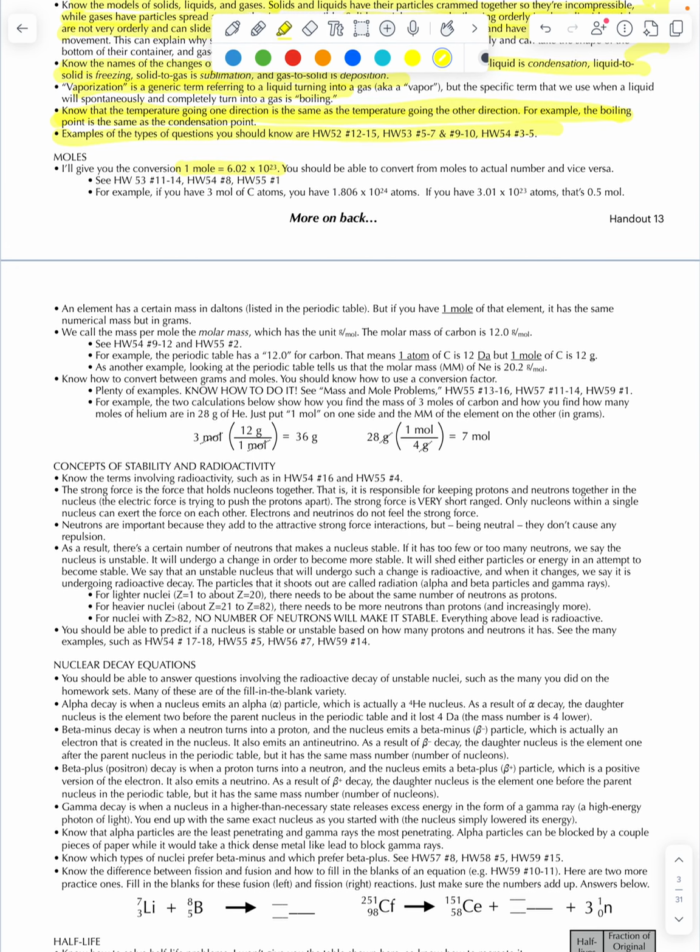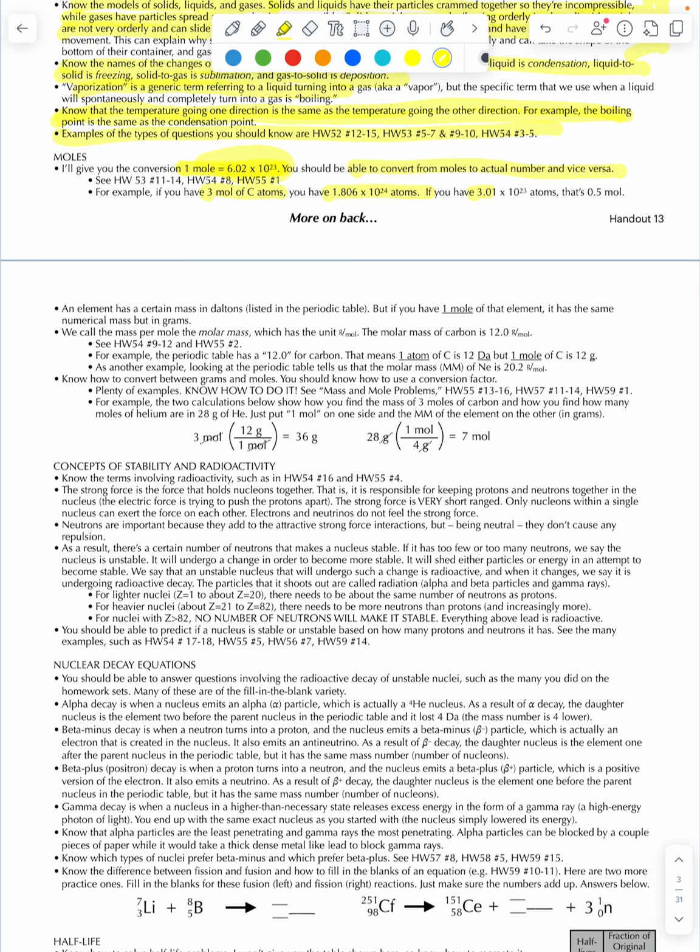For example, and I'll do a couple of problems on the homework below, if you have 3 moles of carbon atoms, how many particles is each 1 mole of carbon? 6.02 times 10 to the 23rd. So what do you think I do? Divide 3 by 6.02 times 10 to the 23rd, or multiply? Yeah, multiply. So if we multiply 3 times Avogadro's number, you get that. Make sure you can do scientific notation on your calculator. Use the second EE button.